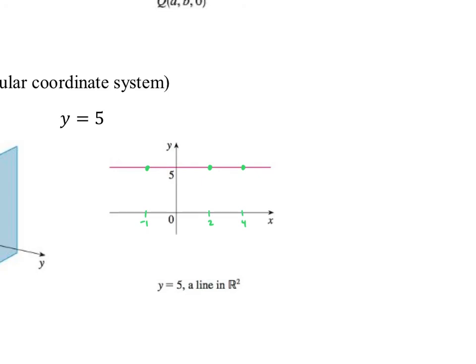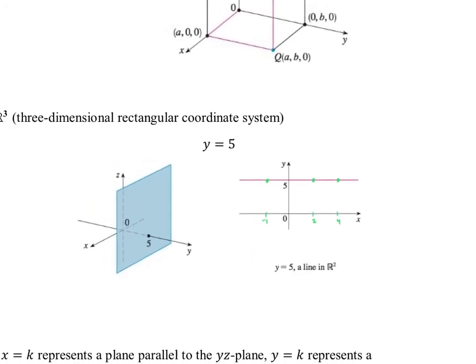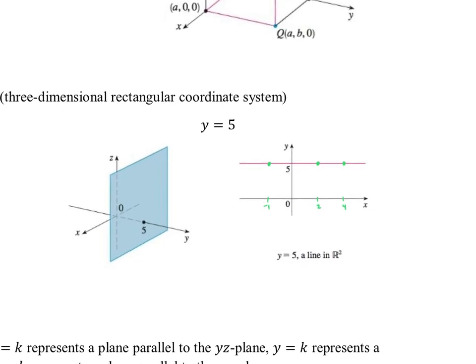Okay, now let's change our view here from 2 dimensions and let's go to 3 dimensions, because everything I just said still holds true. Keep in mind that the equation has not changed, okay?